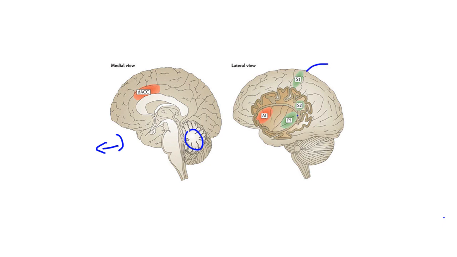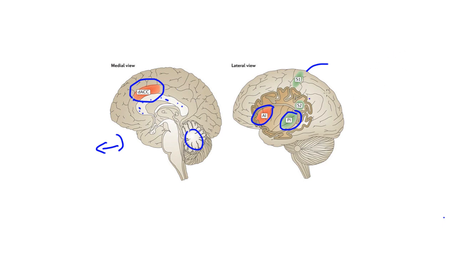And then if you dig into the cortex a bit, you see the posterior insula here, and the anterior insula there. On the medial surface, you see the dorsal anterior cingulate cortex. There's a corpus callosum right here. And like I said, the cingulate gyrus sits just above the corpus callosum. We're worried about that little chunk of it right there.